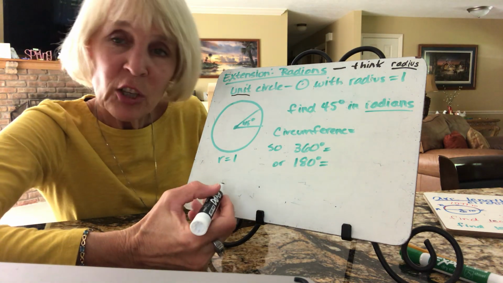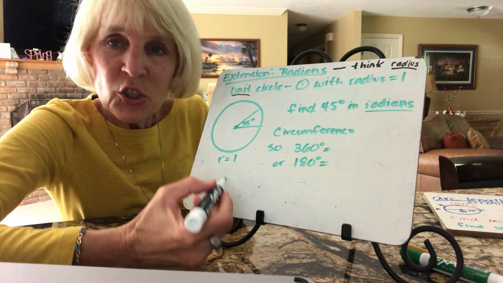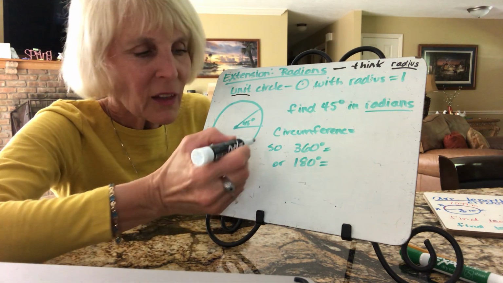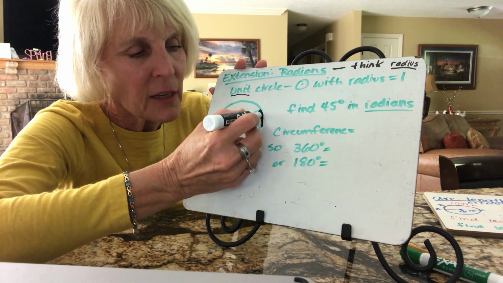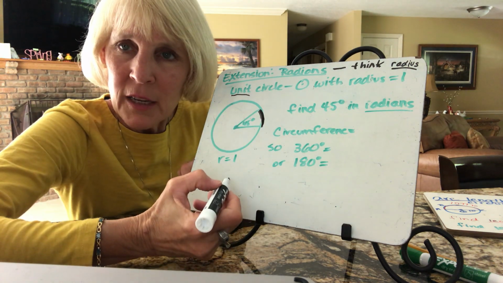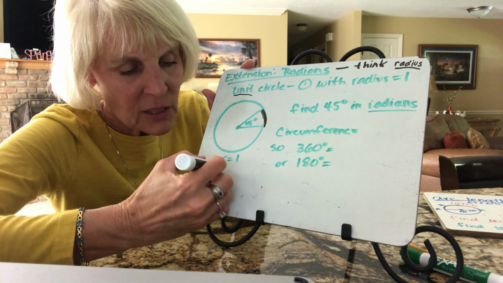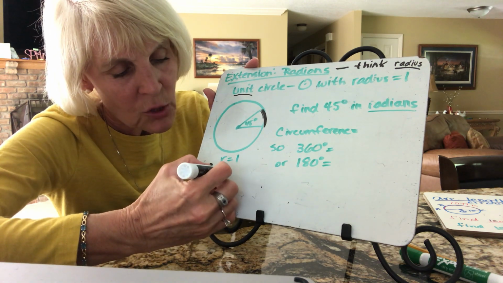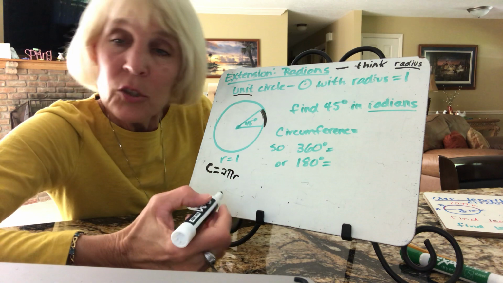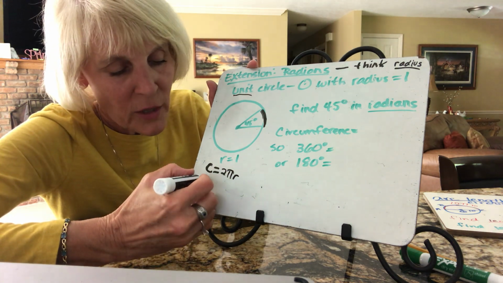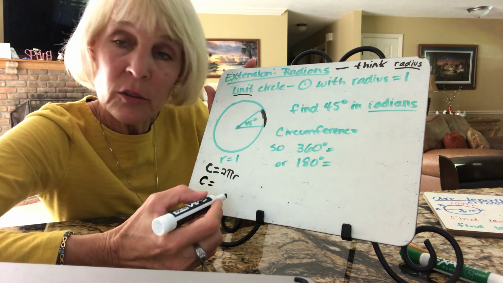Now, to look at it and convert it to radians then, we're just simply saying, what would the length of this be in radians? So we're looking at saying, oh, the circumference of a circle is 2 pi r. So if the radius is 1, what's the circumference of this whole circle?